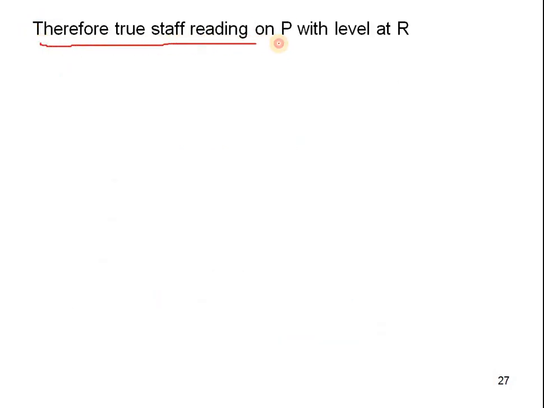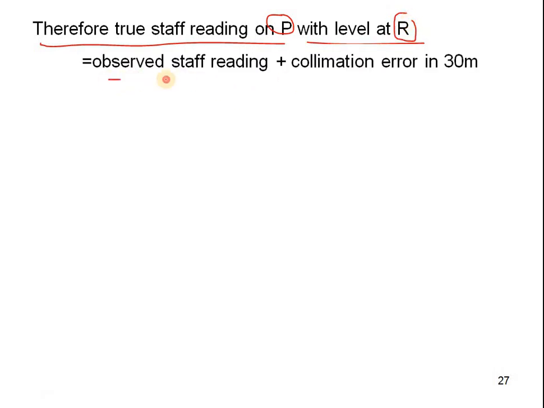Therefore, the true staff reading on P with level at R is the observed staff reading plus the collimation error in 30 meters.